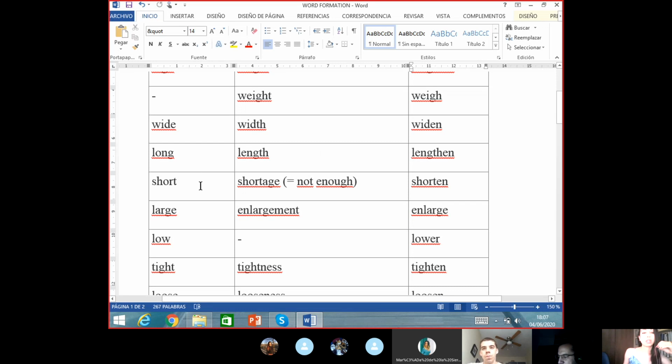Then we've got short, corto o bajo, si estamos describiendo a una persona. Shortage would be escasez, not enough of something. There is a shortage of water in Spain right now. I don't know, I'm inventing it. Shortage, escasez, and shorten, acortar.